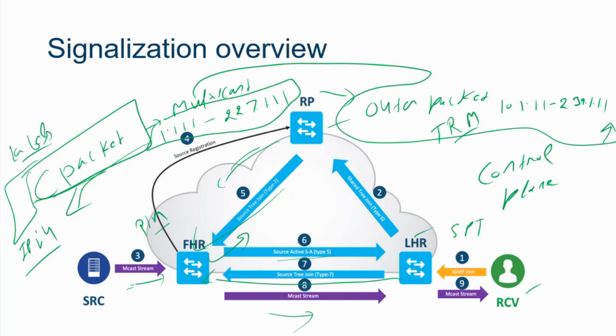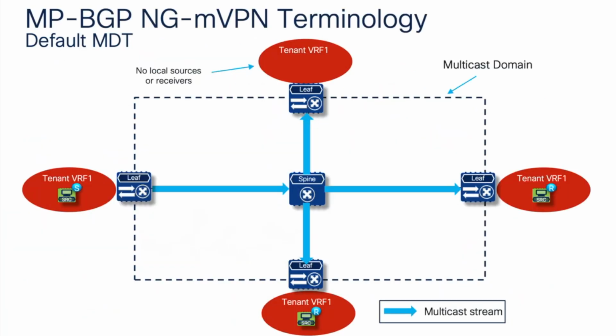What is this 239.1.1.1? That is the default MDT that you configure. What is default MDT? Basically, when any multicast packet comes here, it will get encapsulated in this default MDT. I will show you the configuration.